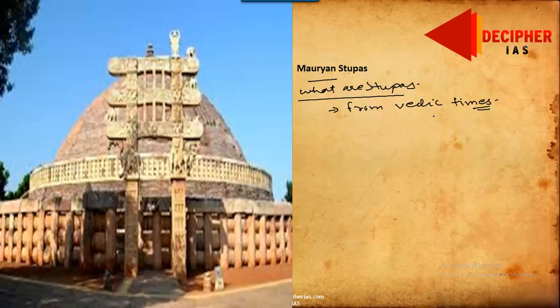Several pits, stupas and burial mounds have been found in the middle Gangetic plains. This clearly shows that post-cremation burial dating to the period between 600 and 300 BC was in practice. The Vedic texts speak of burying the bones after cremation.